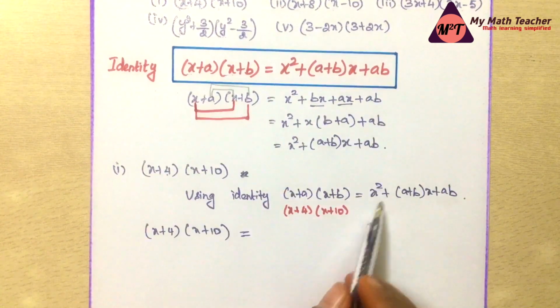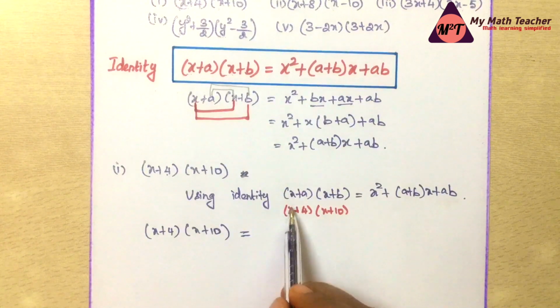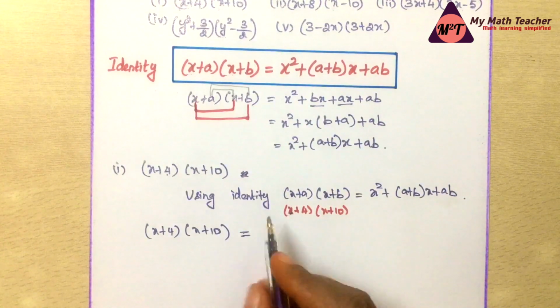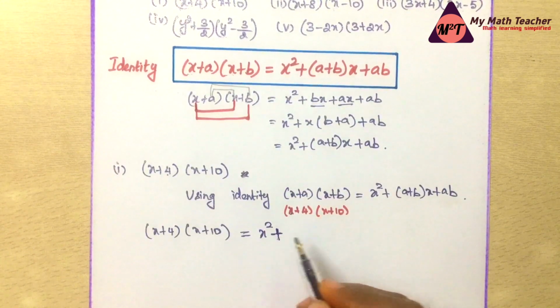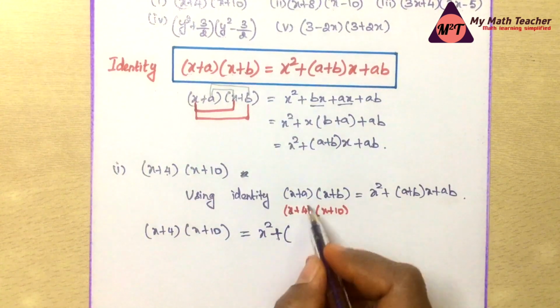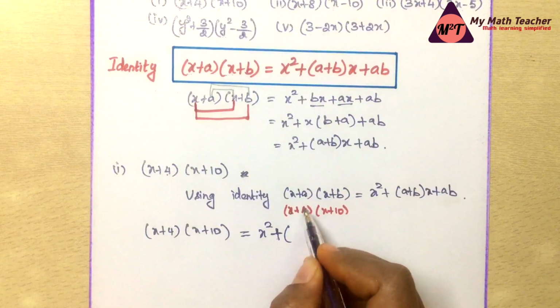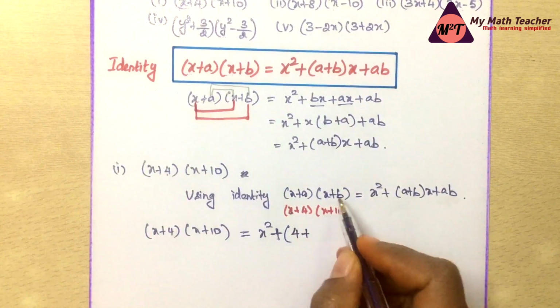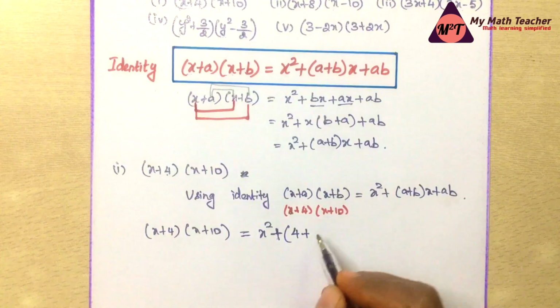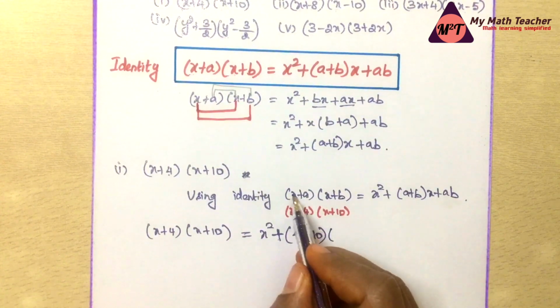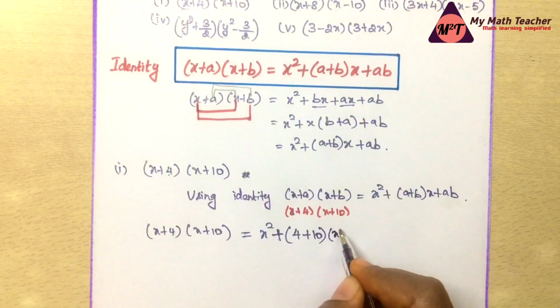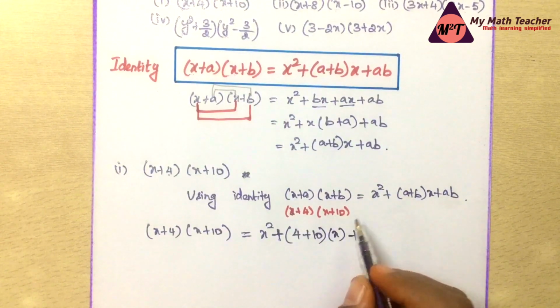Now this is the identity. Compare with the given question. In the place of x we have the same x, right? x square plus a plus b into x. What is a here? In the place of a we have got 4, plus in the place of b we have got 10, into x. In the place of x, again x is the same variable, plus a into b.